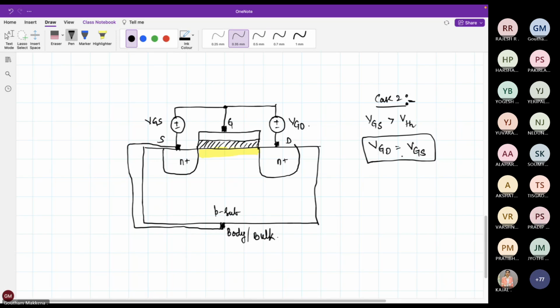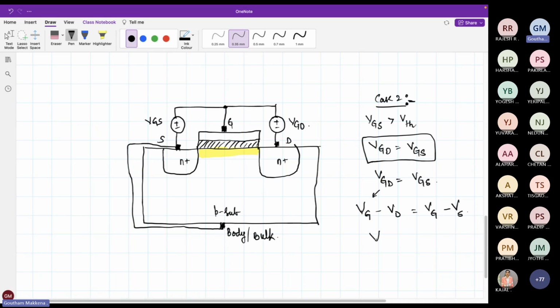No, because there is no potential difference. Excellent. I said VGD is equal to VGS. So what does VGD mean? It is a potential difference. So this is VG minus VD is equal to VG minus VS.